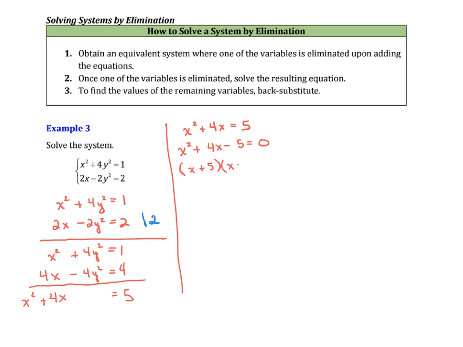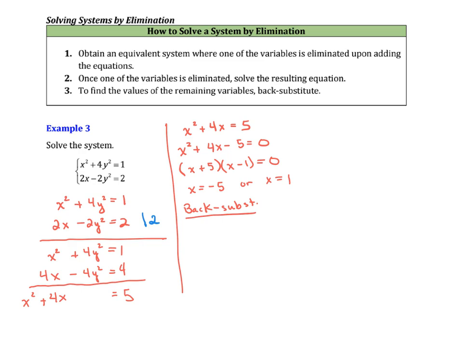If it didn't factor, you could use the quadratic formula. So x equals negative 5, or x equals 1. So let's back substitute. You can use either equation to back substitute.